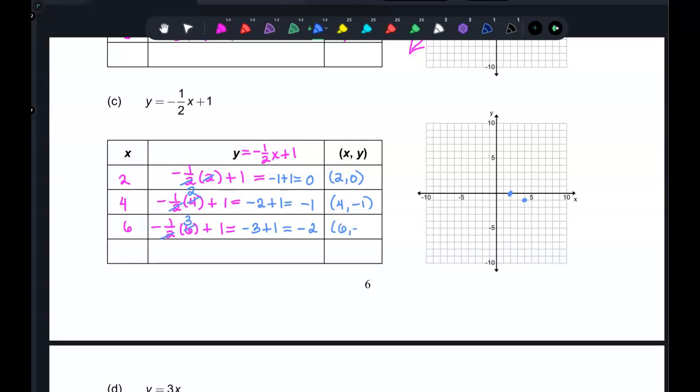Yep. So 6, negative 2 goes here. And this time my line goes like this. Completely straight. What do you think? Good? Wait, I didn't finish it. Okay. All right.